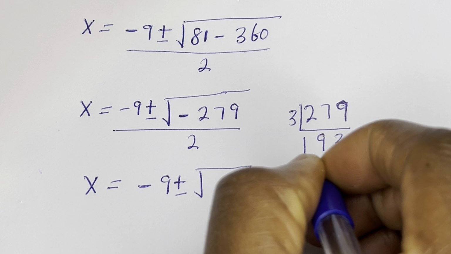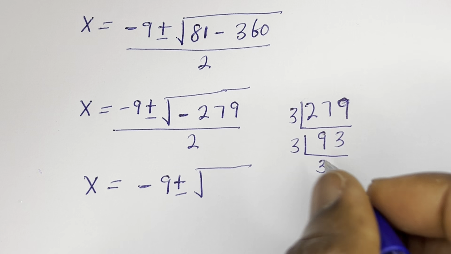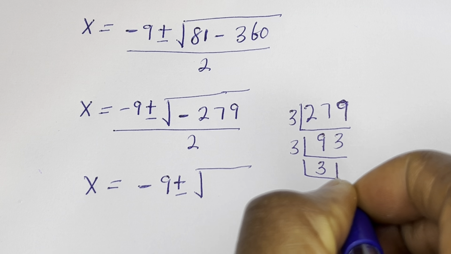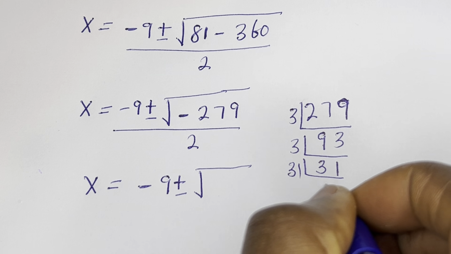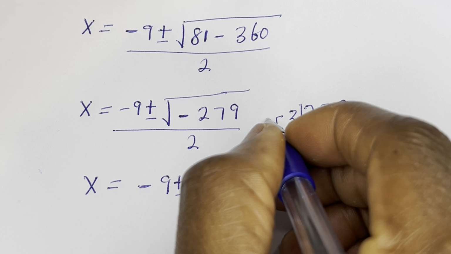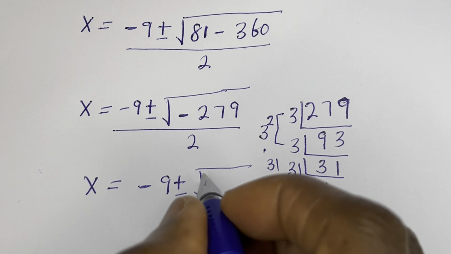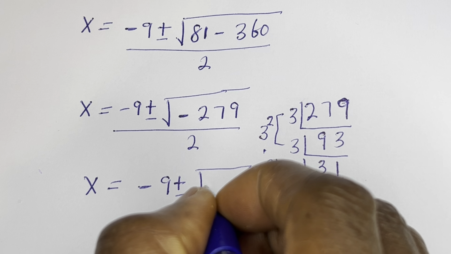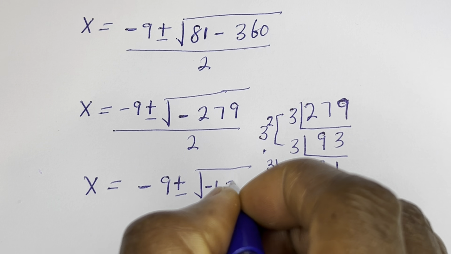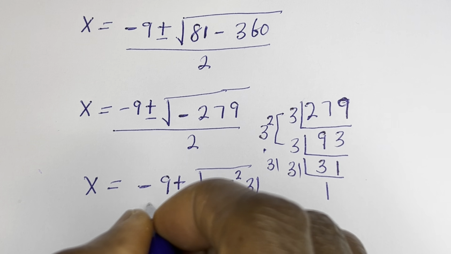This is also divisible by 3. 3 in 9, 3. Then 3 in 3, 1. So, here is divisible by 31, 1. So, here we have 3 squared multiplied by 31. So, therefore, this minus 279 can be written as minus 1 multiplied by 3 squared multiplied by 31.